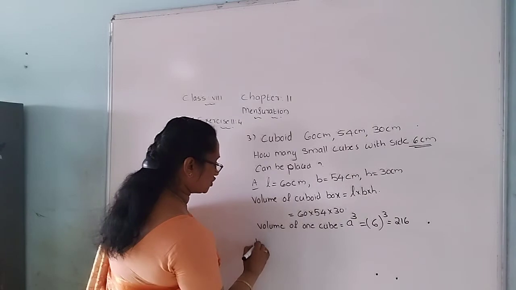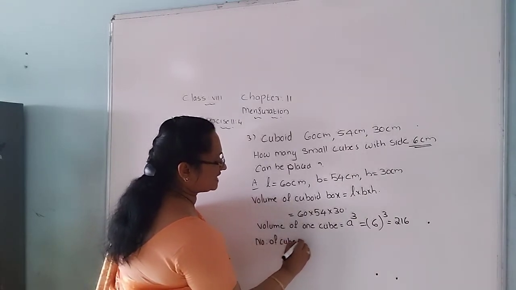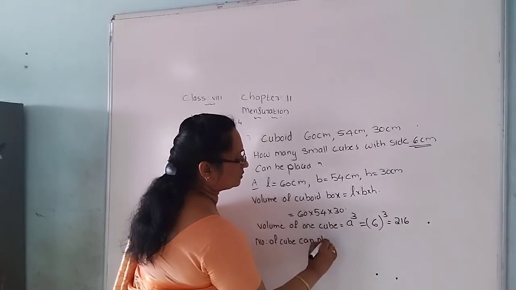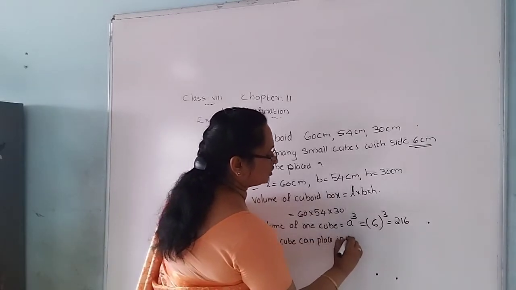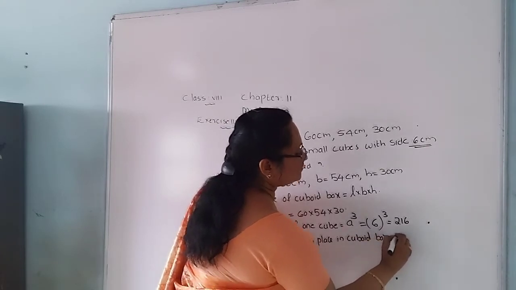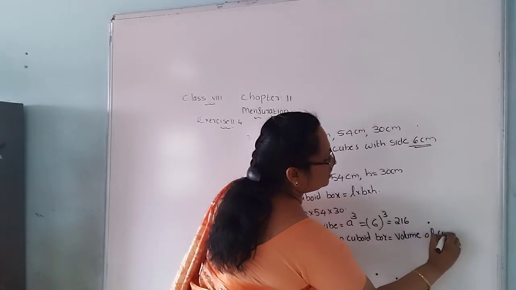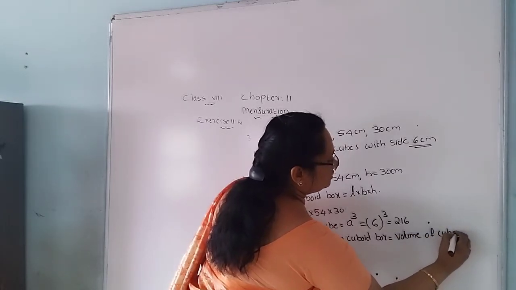Then the number of cubes that can be placed. That is the question: the number of cubes that can be placed in the cuboid box. How to find it? The volume of the cuboid box is divided by the volume of one cube.